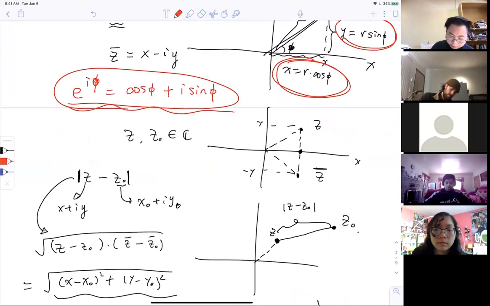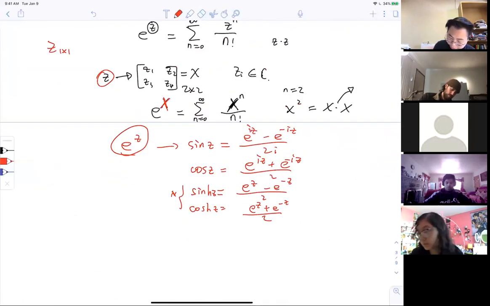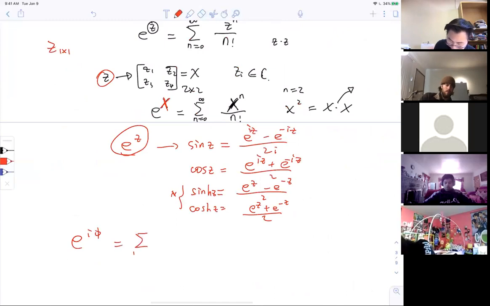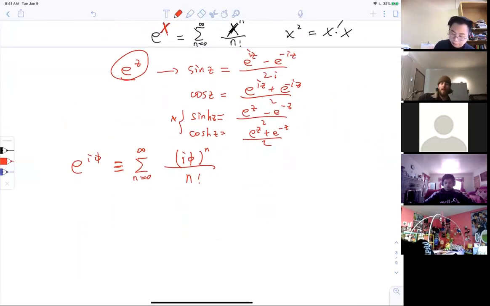We can prove this equality using the series here. Basically, you can write it down using the definition, which is given by this. And then we consider two cases.